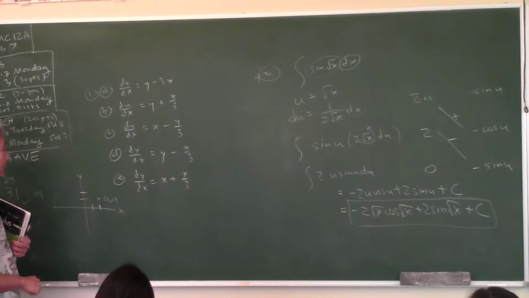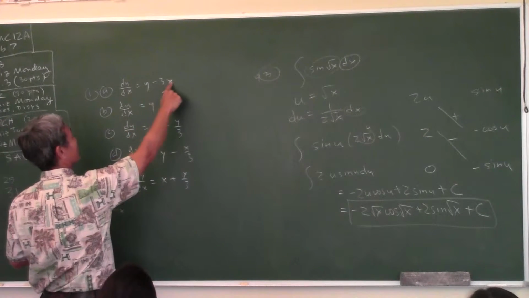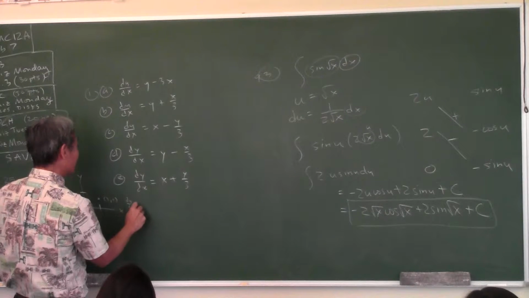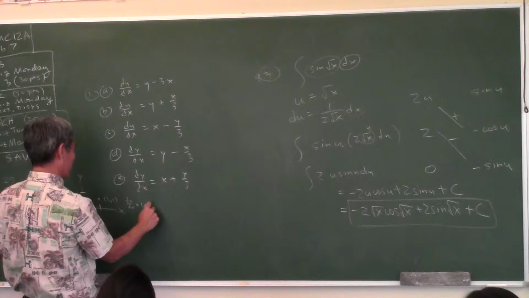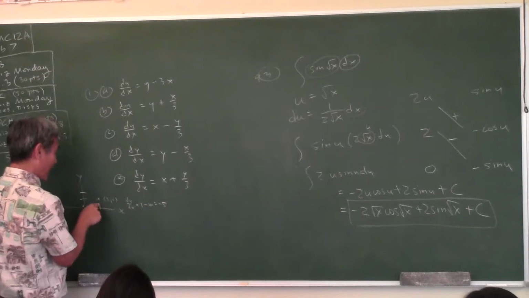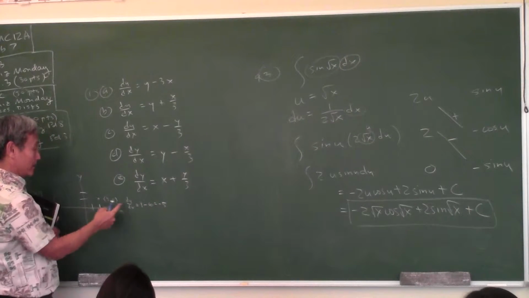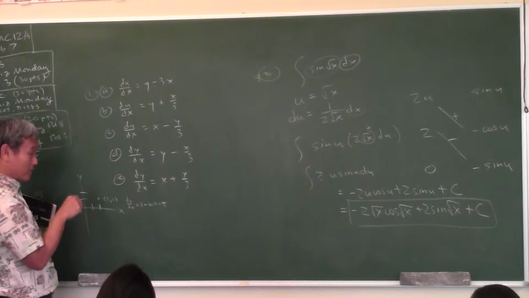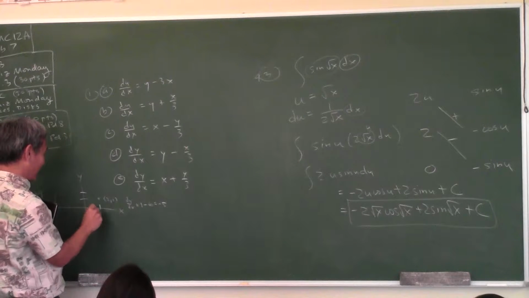What do you do with that point? You plug in 2 for x and 1 for y. So you would get dy dx equals 1 minus 3 times 2, which is 6. You get negative 5. So at this particular point, dy dx, or the slope, is negative 5. So you just draw a hash mark that has a slope of negative 5.